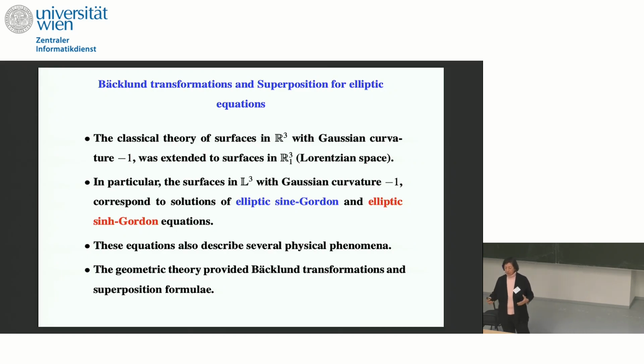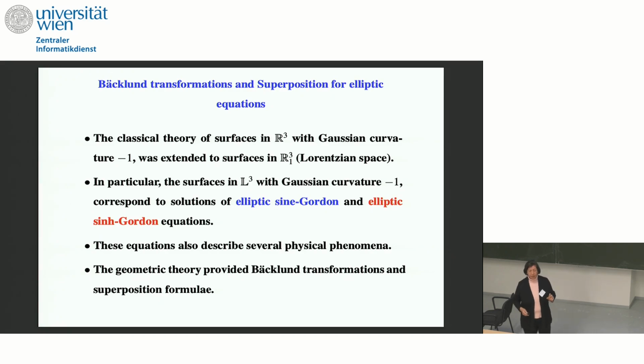We started to imitate the constructions, and we ended up finding that, in particular, the surfaces in L3 with Gaussian curvature -1 correspond to solutions of the elliptic sine-Gordon and elliptic sinh-Gordon. We know that these equations describe several physical phenomena, and there is the geometric theory, again, of Bäcklund transformation and superposition formula.